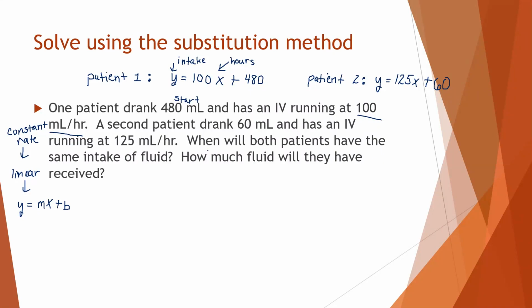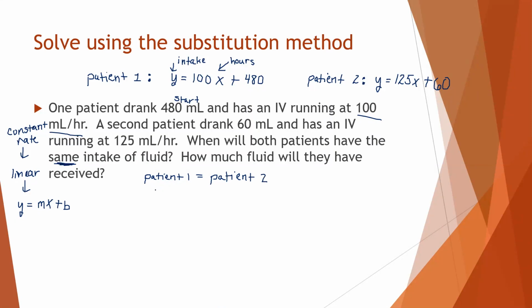We are asked, when will both patients have the same intake? And we've talked about that word, the same, previously, meaning equal. So what I want to solve is, when will the intake for patient 1 equal the intake for patient 2, because setting them equal will calculate when their intake is the same.